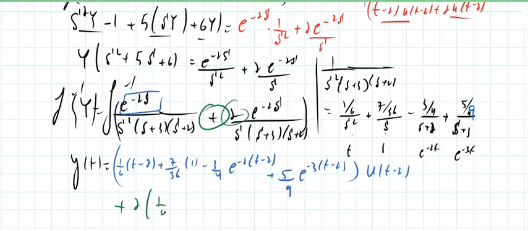That is 1 over 6, it's t minus 2. Those were the same.